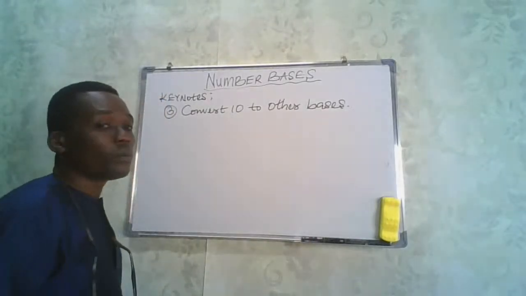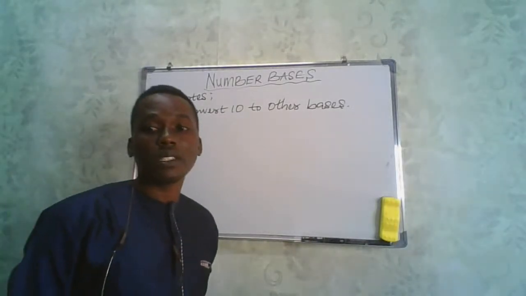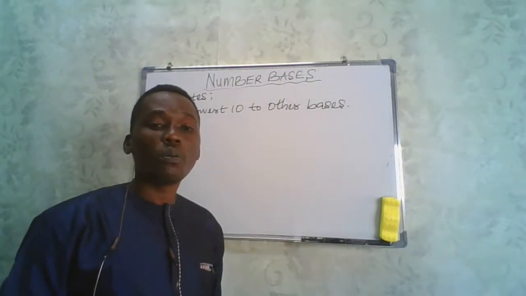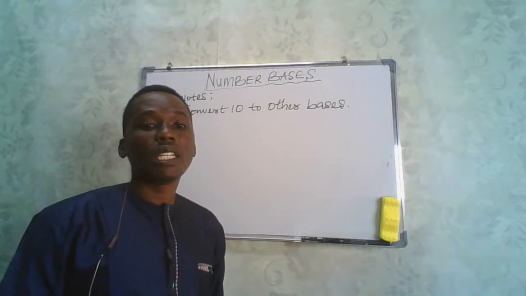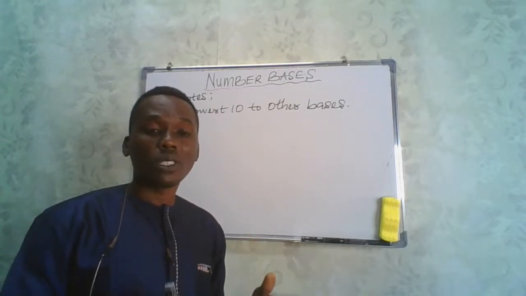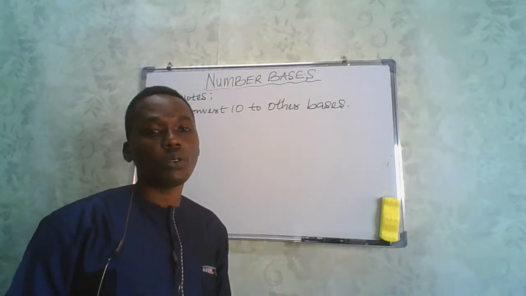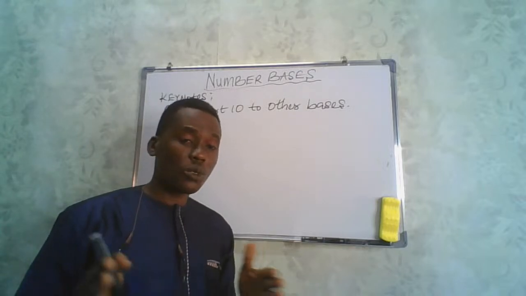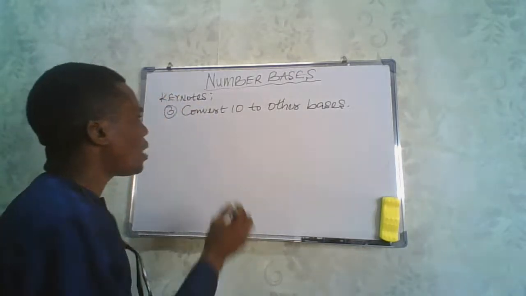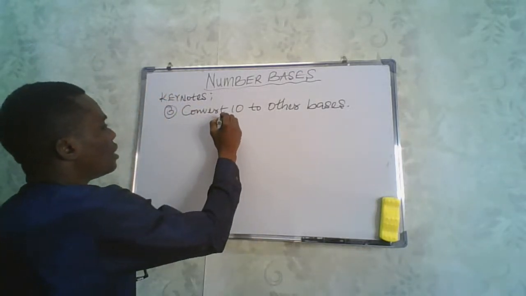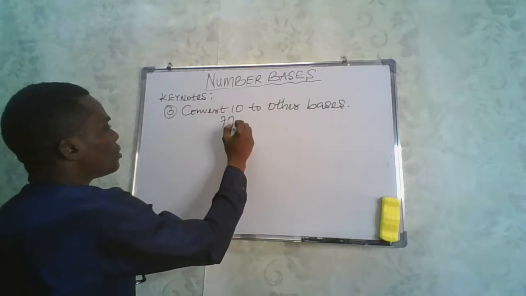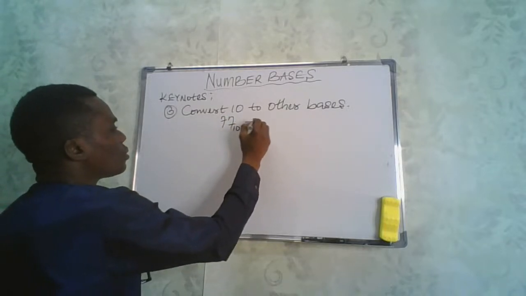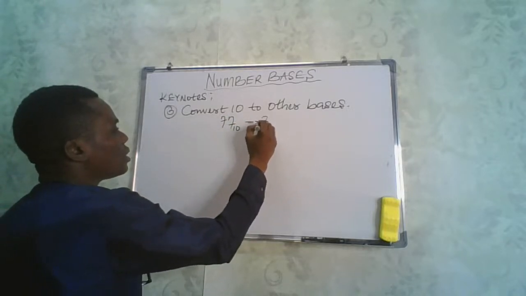all you need to do is to bear in mind that there is what we call the successive division method. From base 10 to other bases, it's like when you are converting 77 in base 10, you want to convert it to base 3.